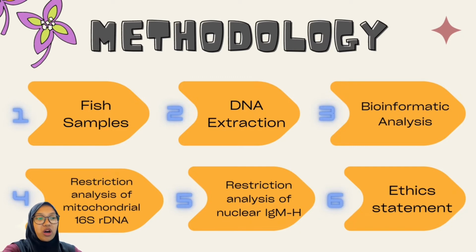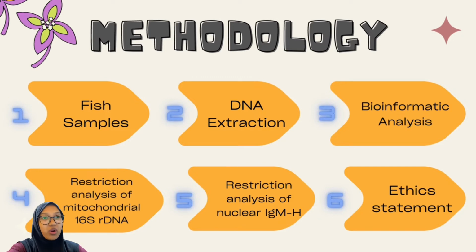The whole bodies of post-hatch larvae were collected and preserved in absolute ethanol. Specimens were transported back to the fish genetic laboratory at Kasetsart University Bangkok, Thailand, and kept at -20 degrees Celsius until needed.